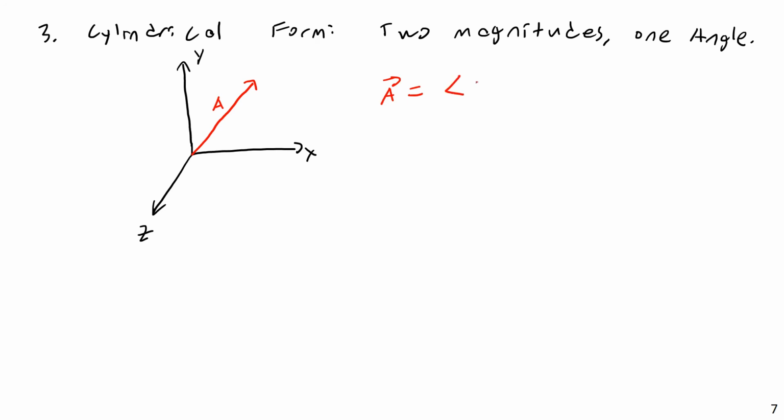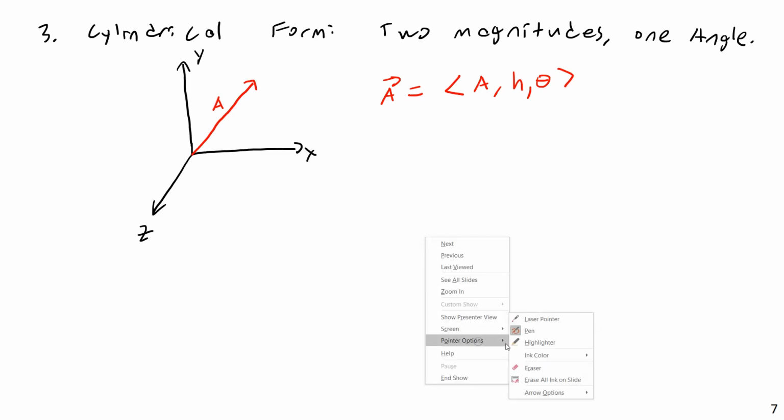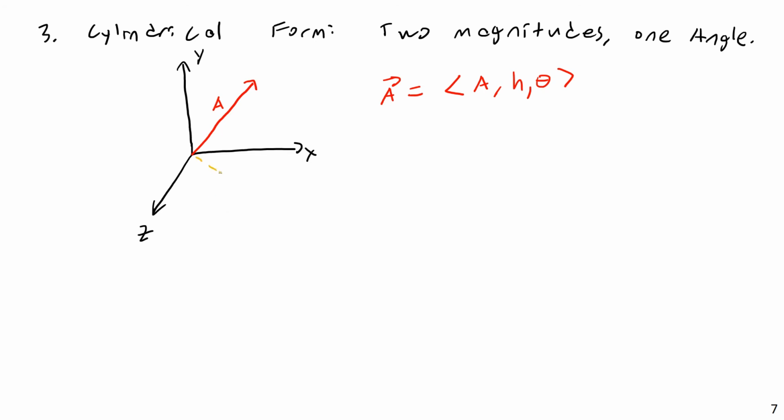I would have my magnitude of it, its actual size, then maybe a height, and a theta. And what that would mean is, I would still have the projection of this down along the xz or whatever coordinate system you're defining for your horizontal plane. And then I would have some distance, not this angle here, but a distance above that. So I would have this angle theta, and then some distance h above the horizontal plane. And that's basically how you represent this.